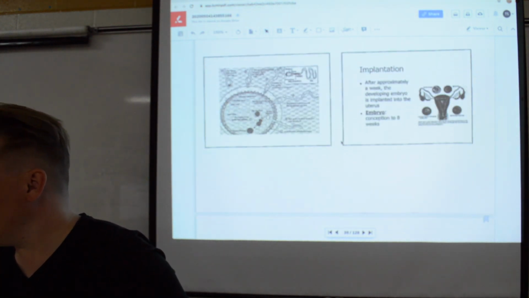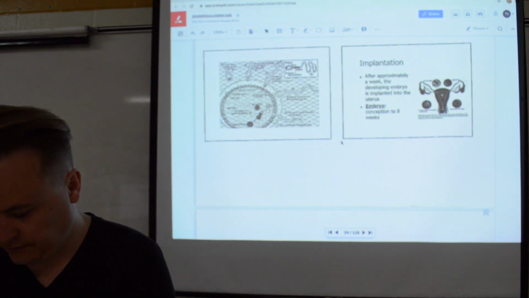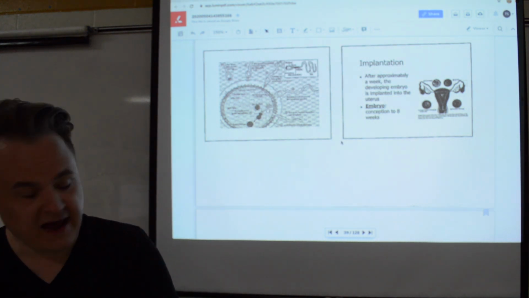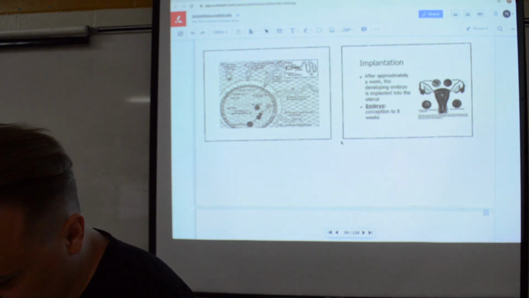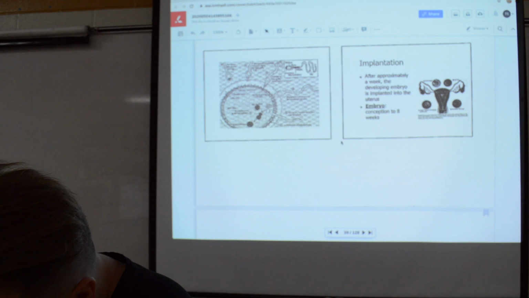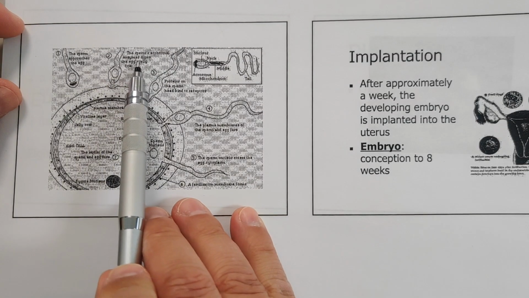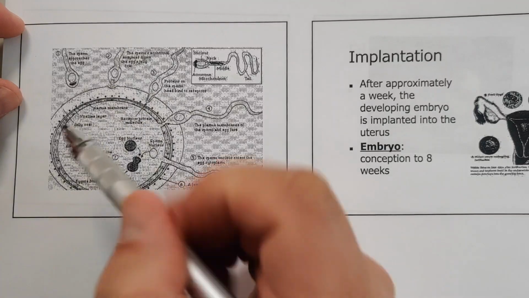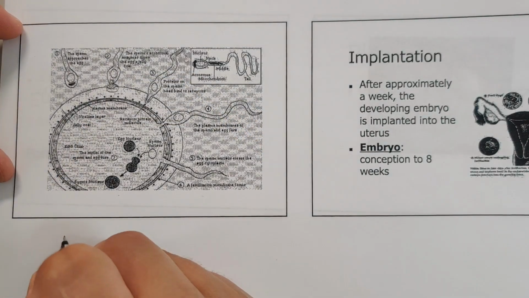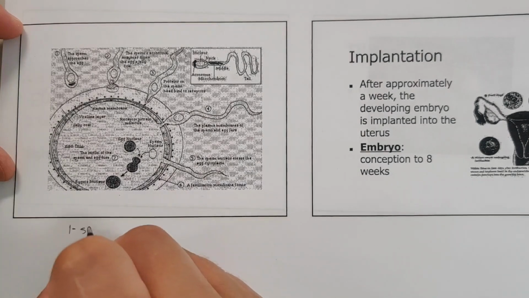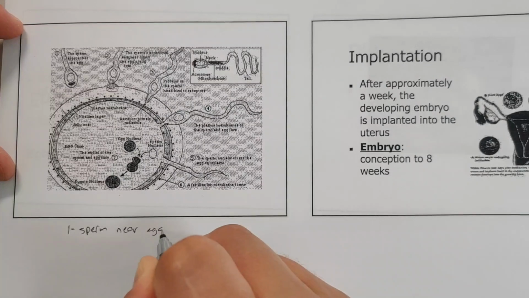All right. Now, this is the most dense slide here, and it's a little bit hard to read. But basically, what you have here is the sperm approaches the egg, step one. The sperm enzymes digest the coating. That's pretty cool. So I would say step one, sperm near the egg.